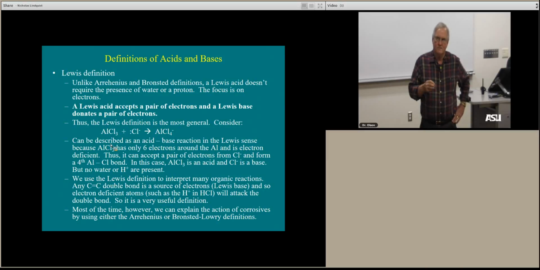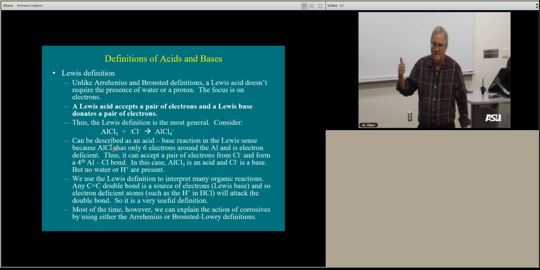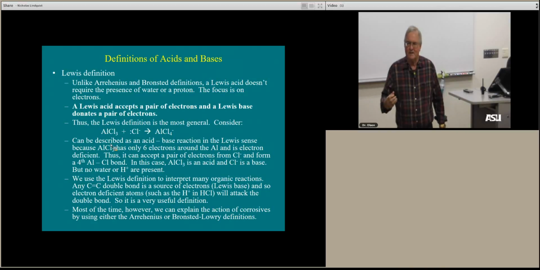So you don't even have to have a chemical that has hydrogen in it in order for it to be an acid or a base under the Lewis definition. It has to have hydrogen in it if it's going to be a Bronsted acid, because it has to donate a proton. But it doesn't have to have hydrogen in it in order for it to be a Lewis acid, because here we're just talking about donating or accepting a pair of electrons.